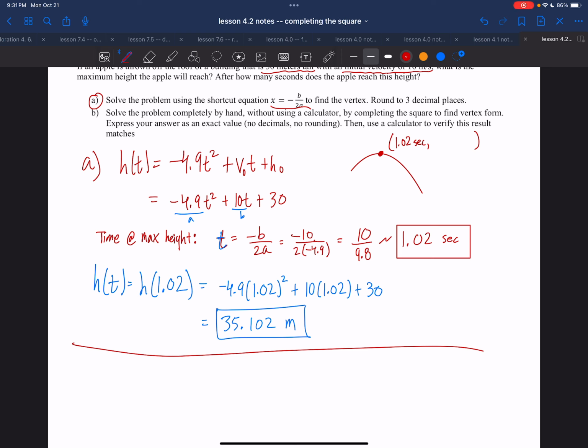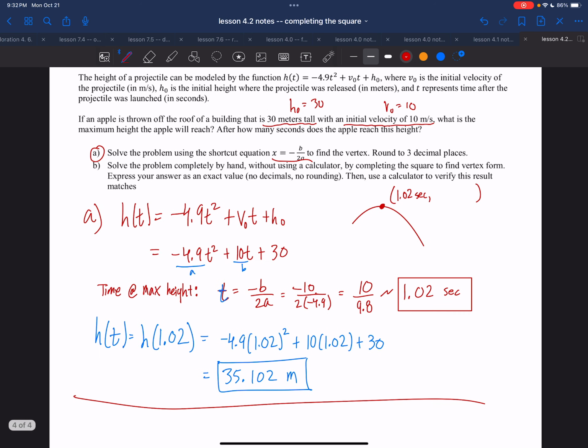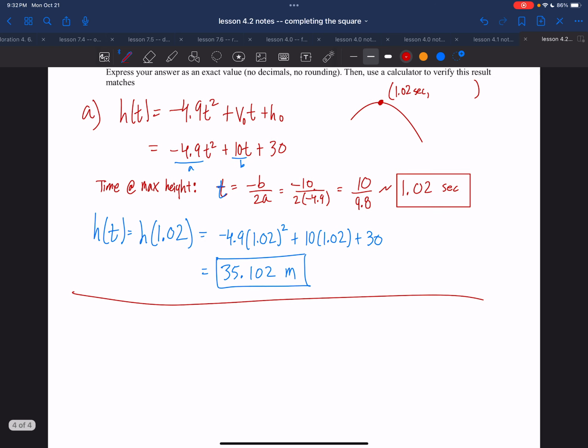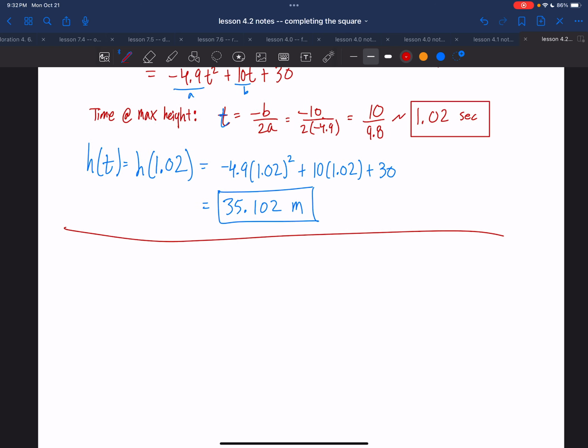Okay, let's look at part B. Look, guys, we're basically done with the video. I'm just going to keep on going, though. Part B says, solve the problem completely by hand without using a calculator by completing the square to find vertex form. Express your answer as an exact value, no decimals, no rounding. Then use your calculator to verify this result matches the above. Why?